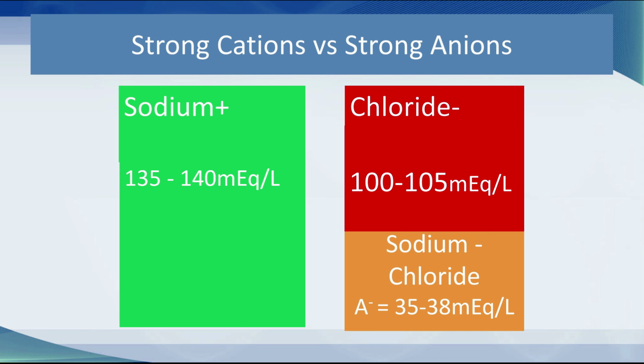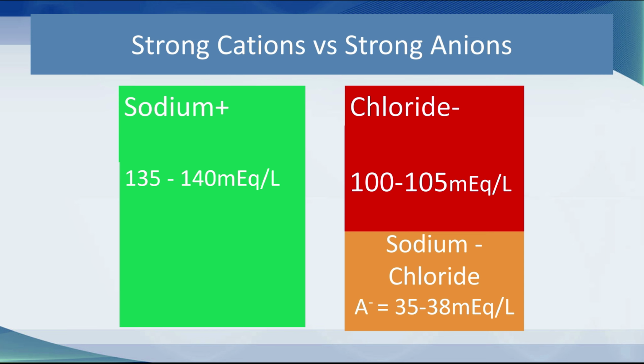The number of osmoles provided by sodium and chloride are usually between 240 and 245. Any change in the relative ratio of sodium to chloride will impact both the strong ion difference and by inference the acid-base status, but also the extracellular and indeed intracellular osmolality.